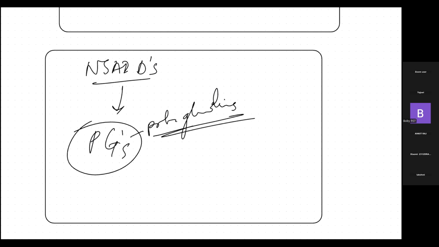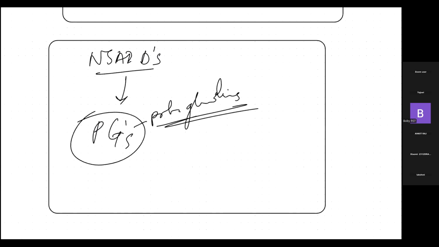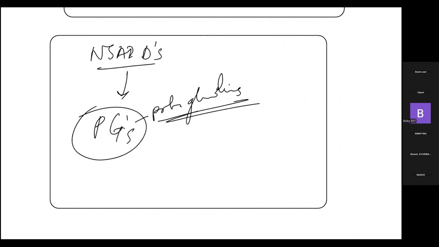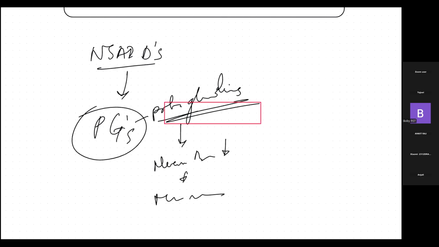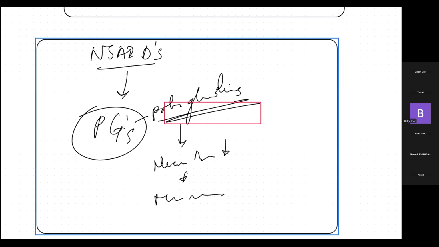So NSAIDs are painkillers, and they will be reducing the PGs, the prostaglandins. And then what will happen? These prostaglandins promote the bicarbonate and mucosa secretion, so when they are reduced, the mucosa becomes very weak. And once it becomes weak, what happens? Definitely there are chances of shedding off and ulcer formation.